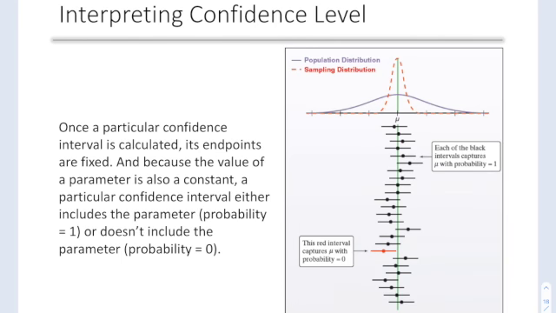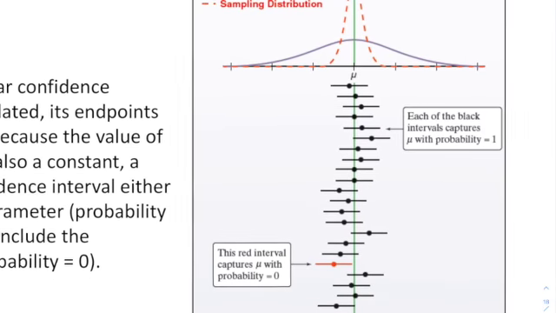So here we have just a population distribution and a sampling distribution, and then below it, these are all intervals that have been constructed. Notice they are all the same width, which means they're all the same percent. So let's just say by default these are all 95% confidence intervals. CI is a shorthand to say confidence interval.